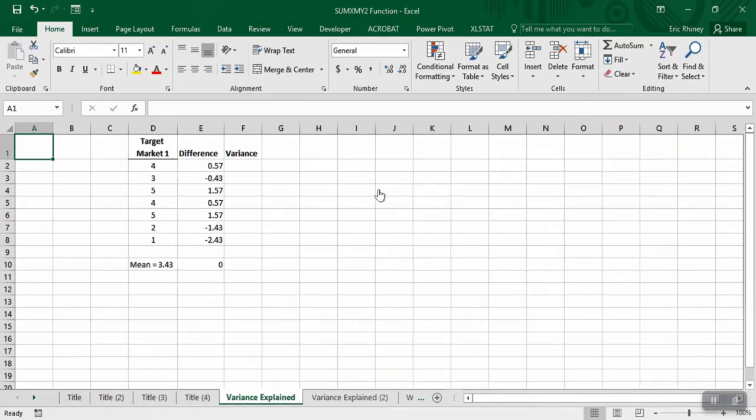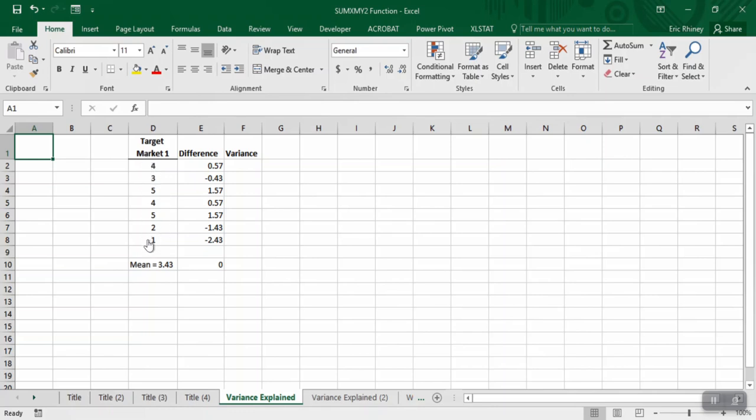To remind you of the variance, all I've done is take target market 1's information, copy it over here, and calculate the mean, which is 3.43. So 3.43 is the middle point, the average of this data, or where this data revolves around.